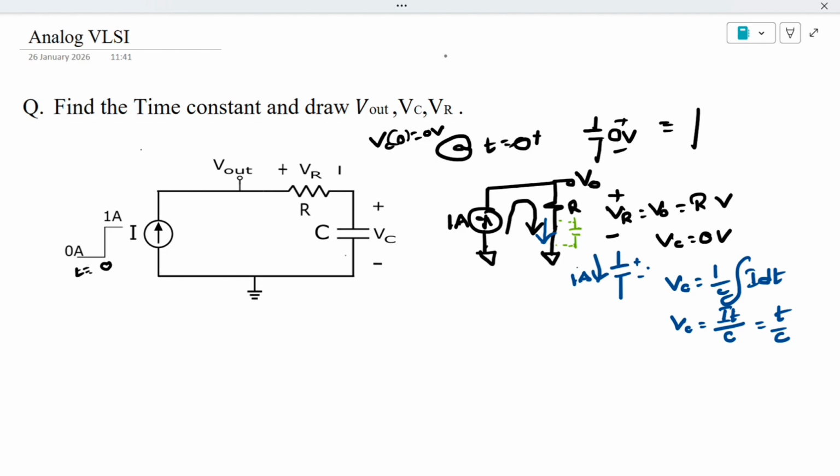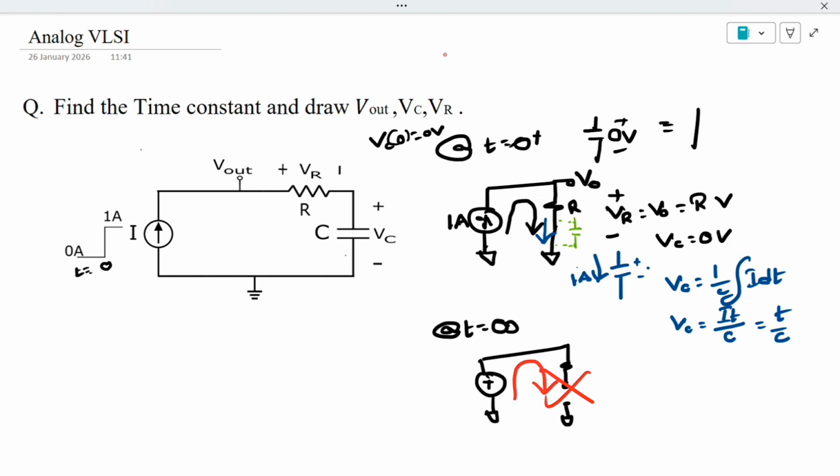Let's see at time t is equal to infinite. At time t is equal to infinite, what will happen to the circuit? Will the capacitor become open circuit? Most people will think that at time t is equal to infinite the capacitor should be open circuited, but that's the wrong way of thinking, because here the current is continuously flowing.